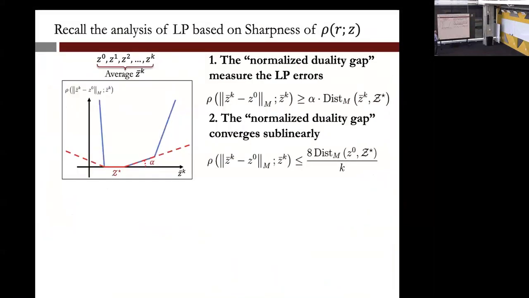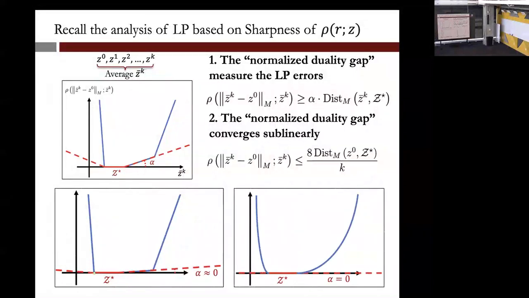And then I just want to show you that, in the case of linear programming, I can actually get linear convergence. Here's a linear programming problem for which that normalized duality gap is nice and sharp. There are very many problems out there for which that normalized duality gap, the sharpness here, is like 2 to the minus L, in which case I get linear convergence, but at a horrible rate.